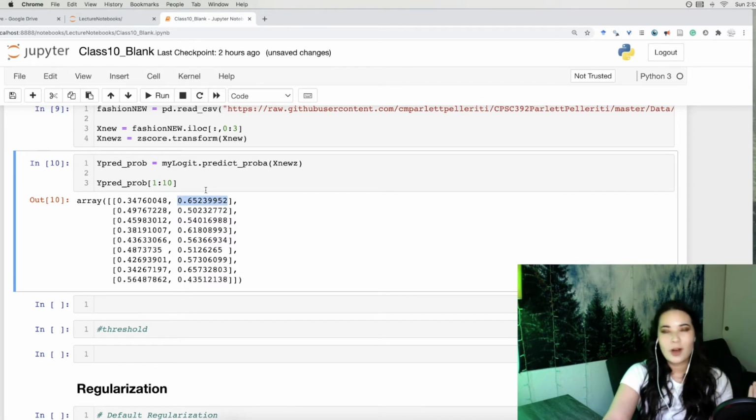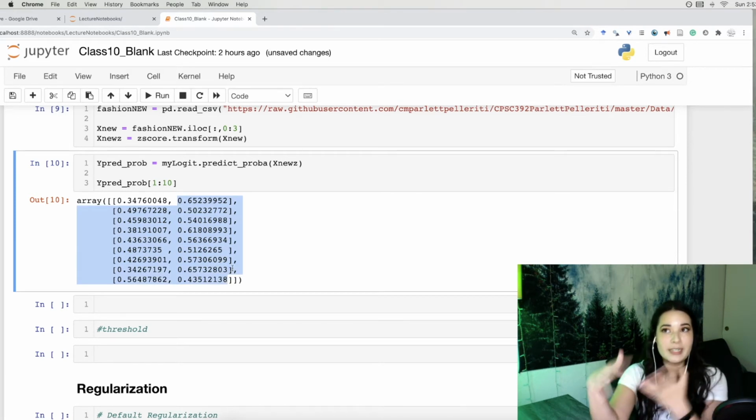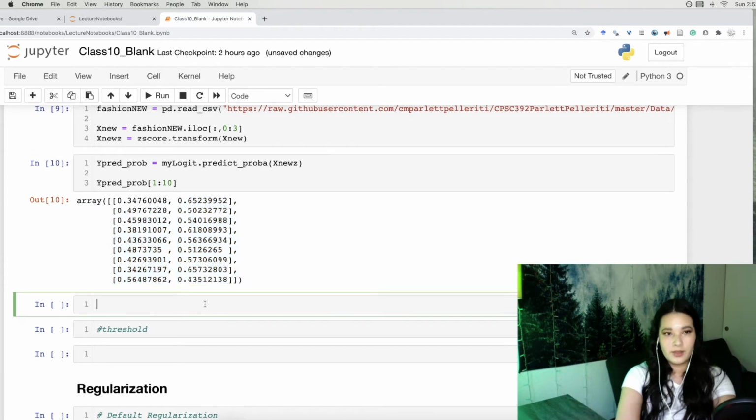For ease of computation, I'm going to go ahead and just grab the right-hand column, which will basically be the predicted probability that that person is upgrading their subscription. The way that I do that is ypred prob, we'll call it ypred prob 1, and I'm just going to say ypred prob, and give me all the rows, but only give me the right-hand side column.